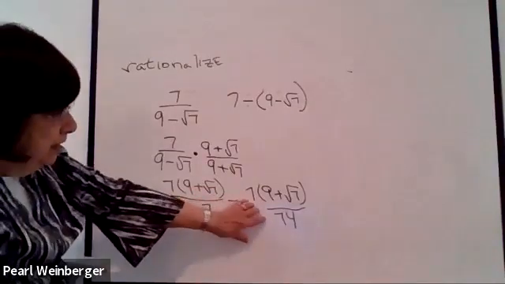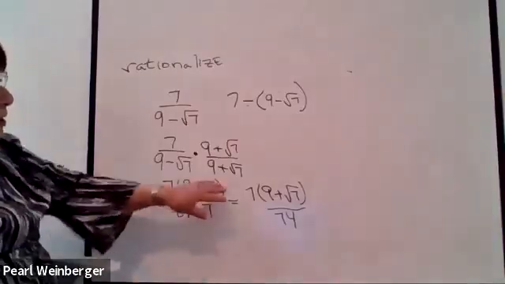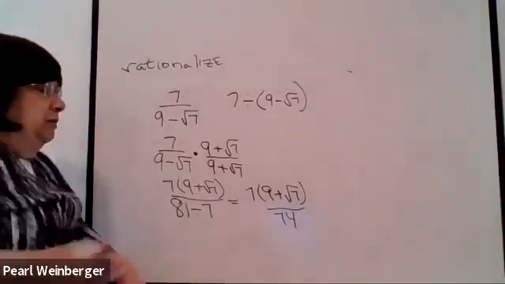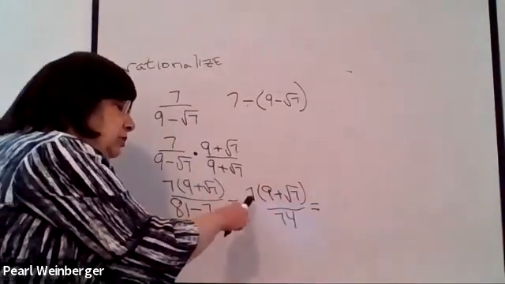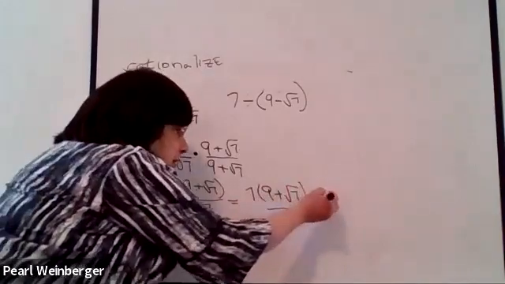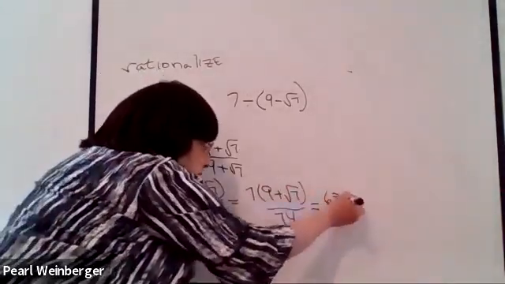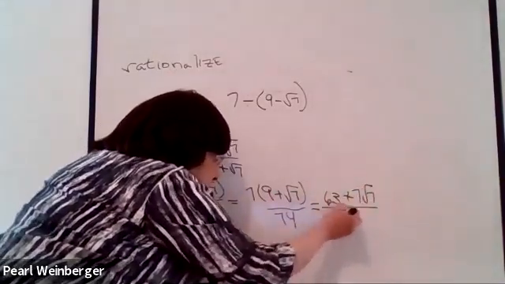I can't reduce this because 7 and 74 don't go into anything. I could leave my answer like this in the factored form with the parentheses, or if I wanted to, I can use the distributive property and multiply: 7 times 9 is 63, 7 times radical 7 is 7 radical 7, and the whole thing over 74.